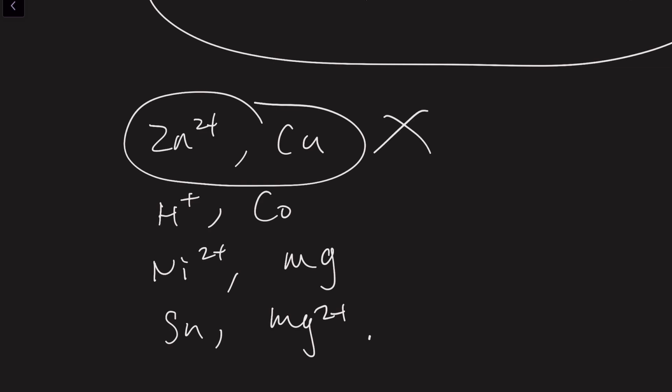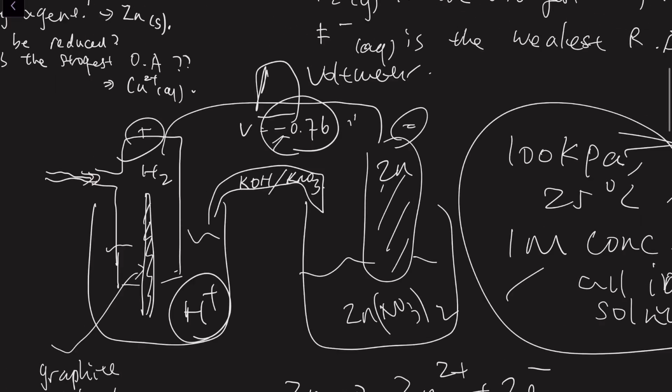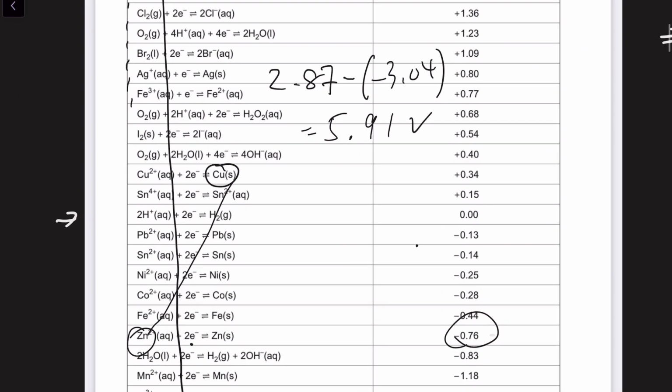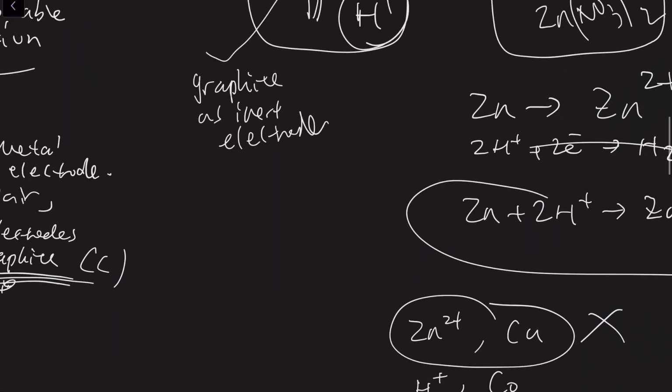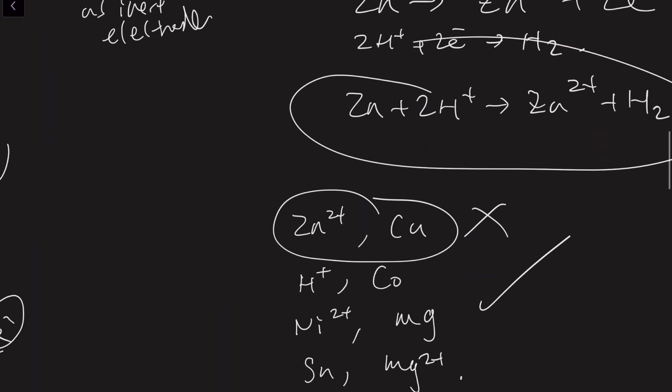Hydrogen ion and cobalt. Let's have a look. Hydrogen ion is here. We look at where Co is here. So a negatively sloped line. The reaction would occur. Nickel 2 plus and magnesium.